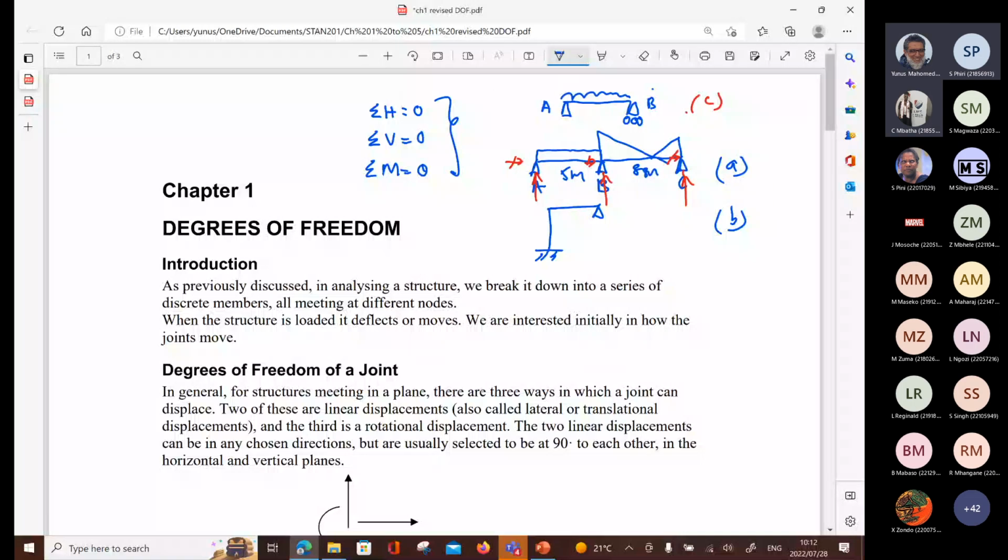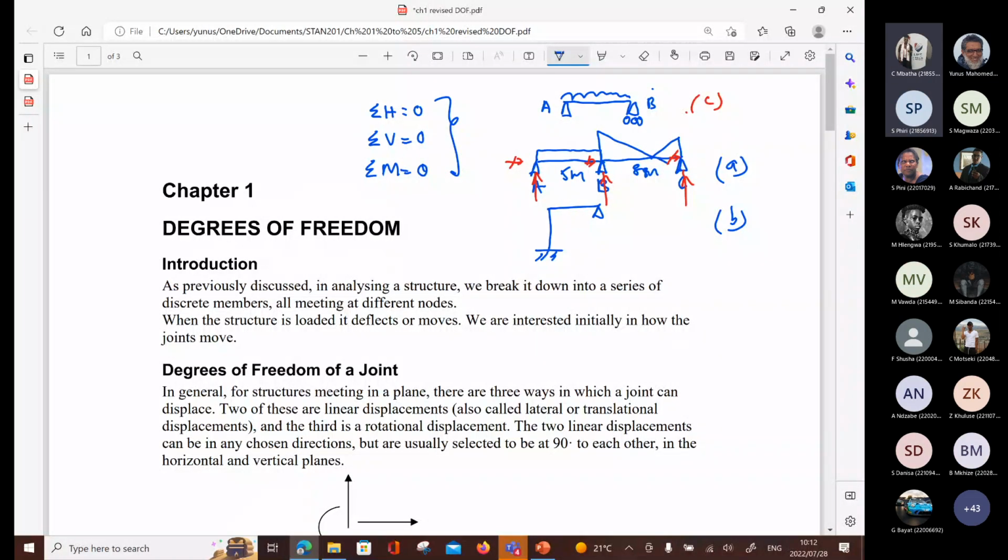I can take moments about either A or B. Correct, 100%. So you start off by taking moments at A or B, as you said, because there are only vertical loads here.